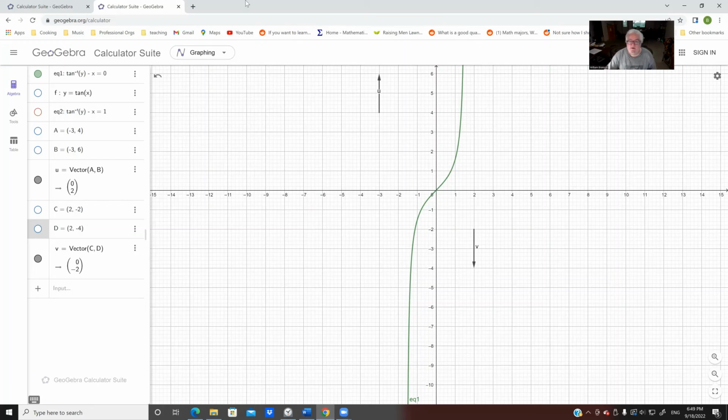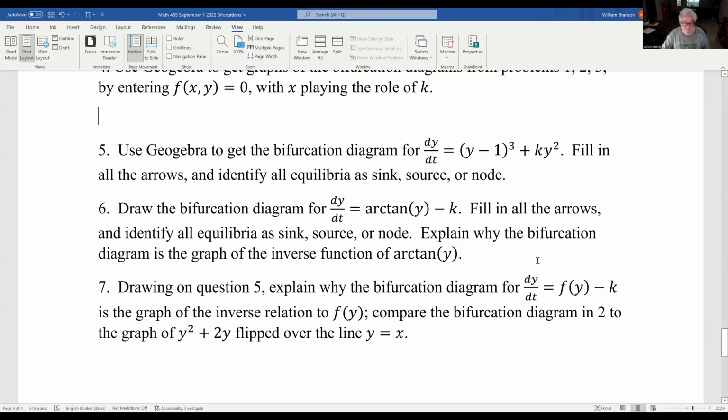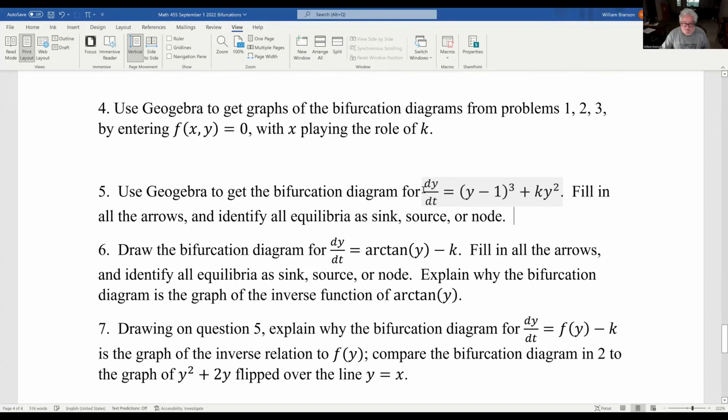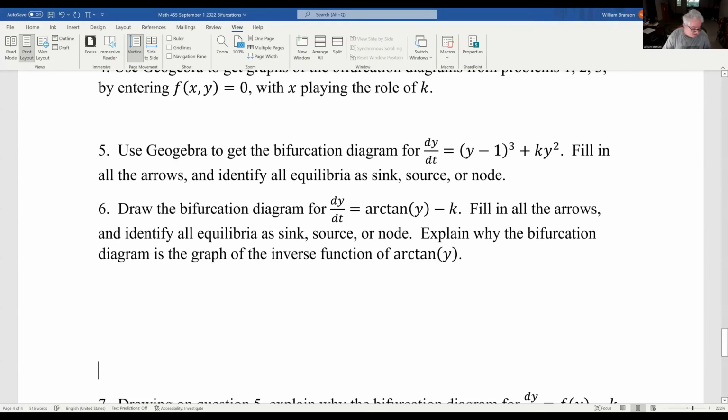So going back to our diagram here, right? We found this by using GeoGebra. And why is this the inverse function of arctangent?